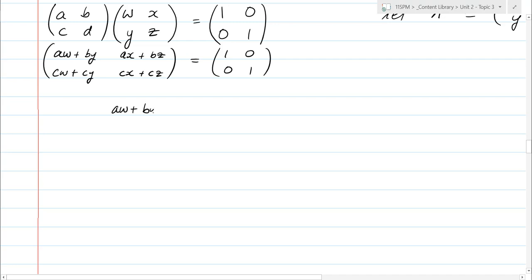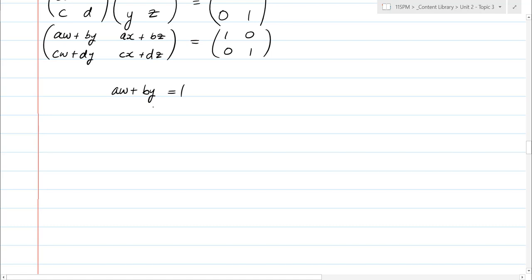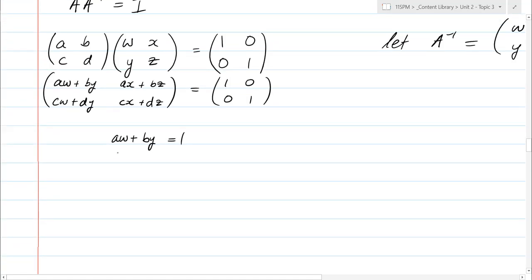AW plus BY is equal to 1. Where's D? CW plus DY? Oh, sorry, D. Yeah, you're right. D should be here and here, shouldn't it? How's that? Cool, thank you. AW plus BY equals 1. AX plus BZ equals 0.